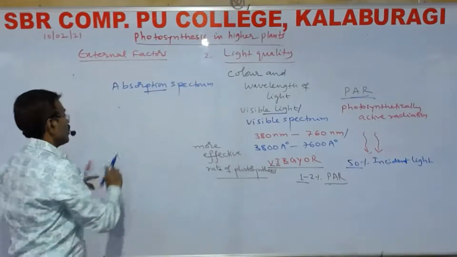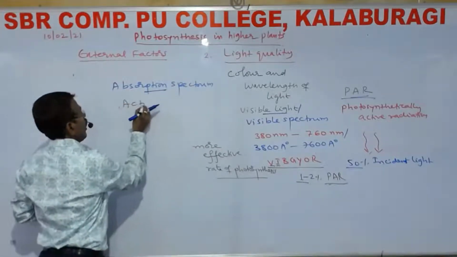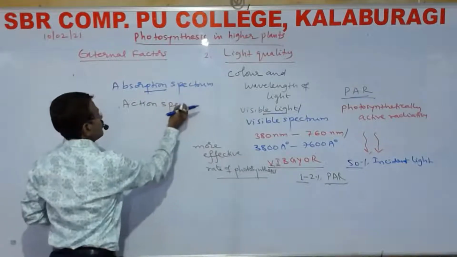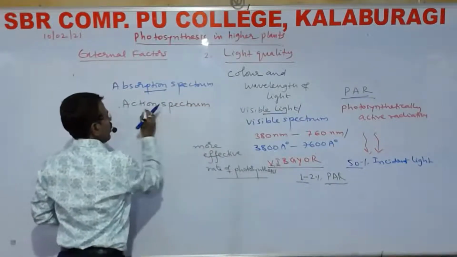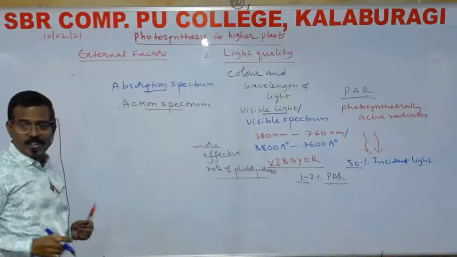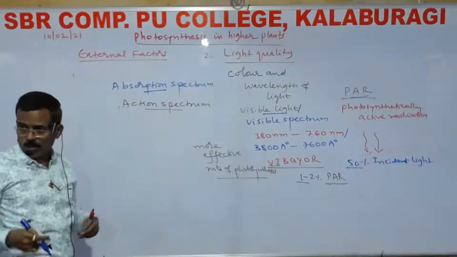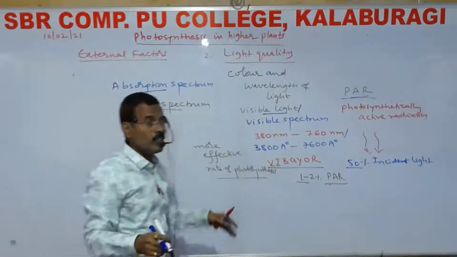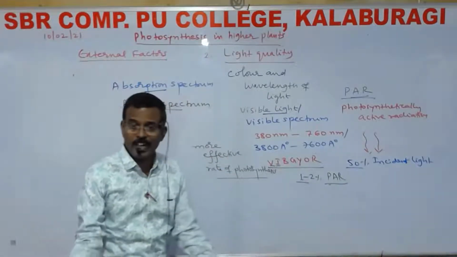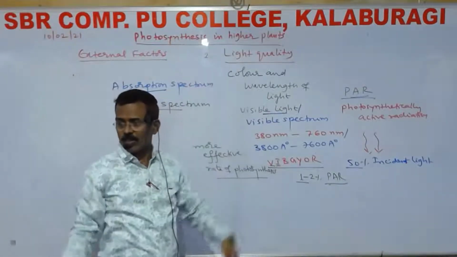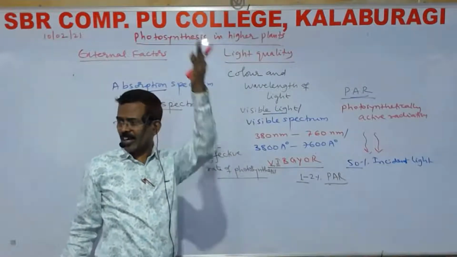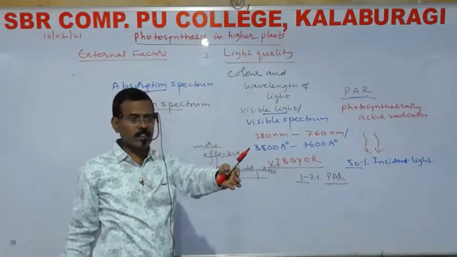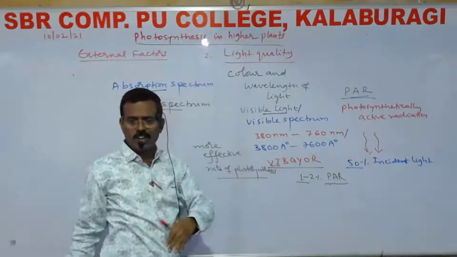Then we learned even action spectrum. T.W. Engelmann gave the first action spectrum. Out of the 7 color lights, which light is more effective in increasing the rate of photosynthesis? We measure the increase in the rate of photosynthesis by measuring the number of oxygen bubbles released per minute.